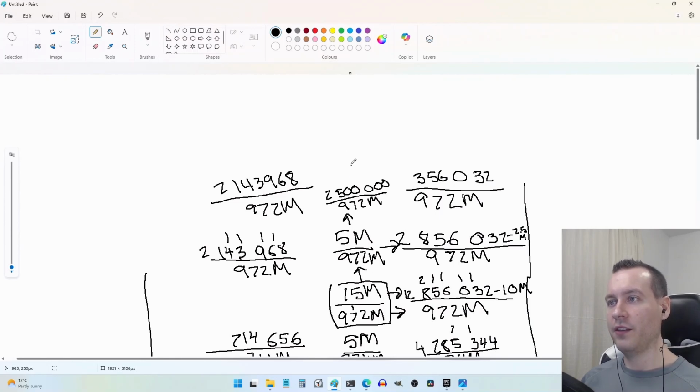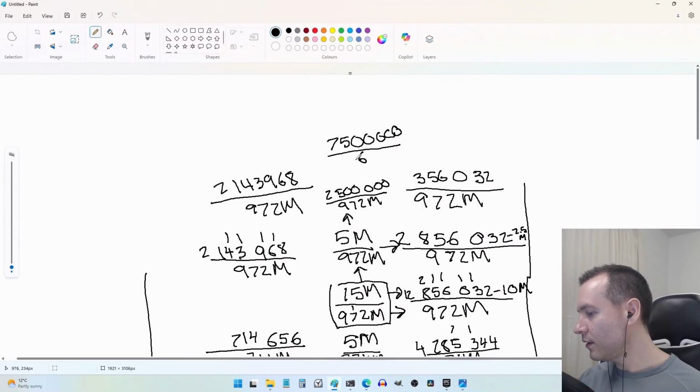For 2/3 of this value, we'll have to multiply all numerators and denominators by 3. So 2.5 million times 3 is 7.5 million, all over 972 million. 972 times 3 is 2 times 3, that's 6.